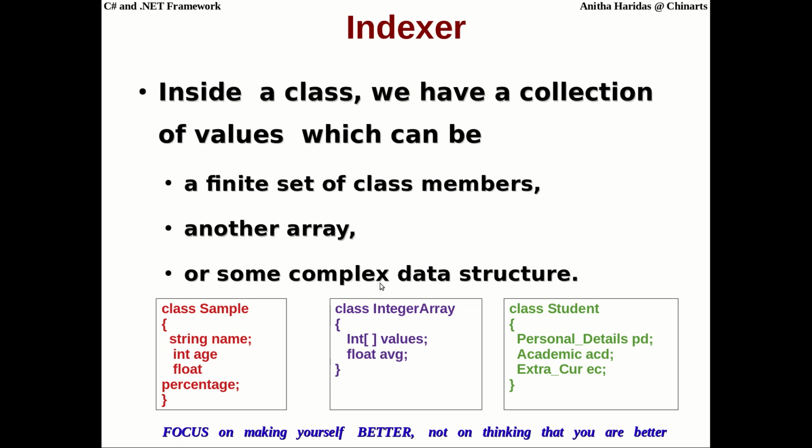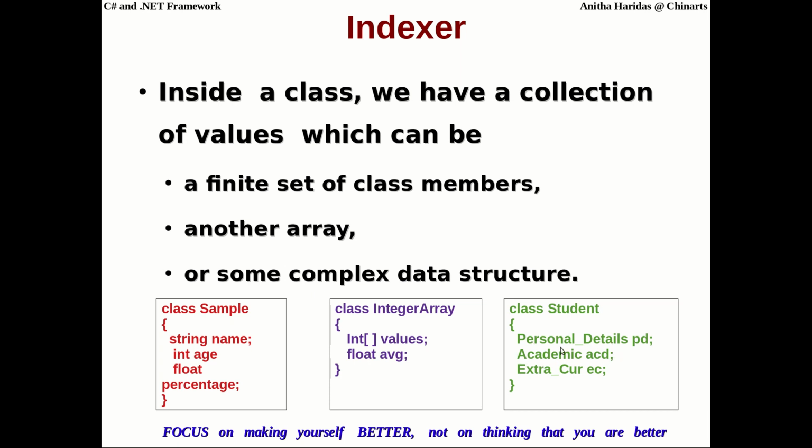Or your collection may be some complex data structure. The third one, which is shown in green color, I declare a student class that contains 3 different classes with their objects defined as the members. Say the student class is having one object as personal details.